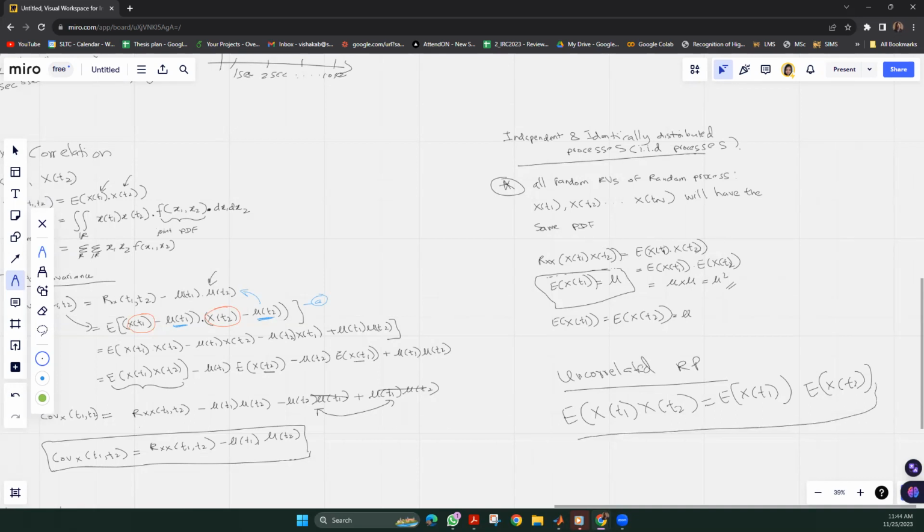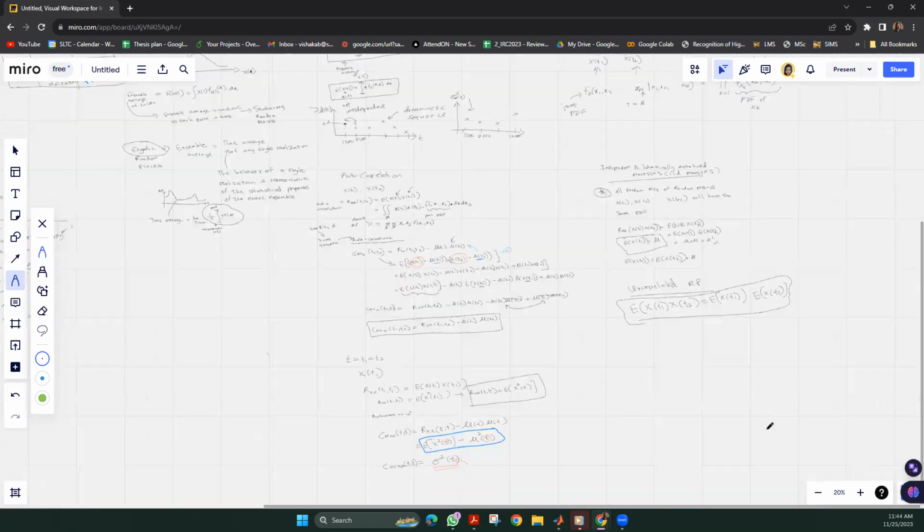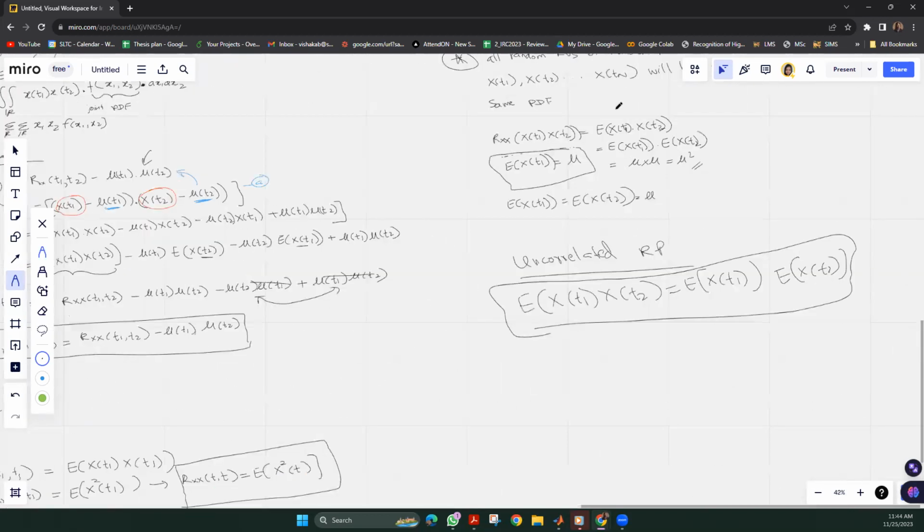So this is the rule for uncorrelated random processes. We learned this in the last class as well. The only difference is that here we have t as the parameter that defines a random variable. In the last lecture, we considered two random variables x and y, and if they are uncorrelated, then the expectation of the product between x and y equals the expectation of x times the expectation of y.